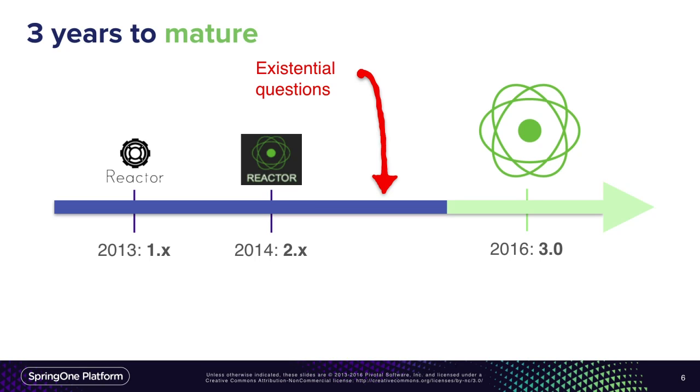And the first plan for Reactor was actually to be a hidden dependency in Spring 5 with some kind of publisher factory and subscriber factory, no real API, just to help under the hood, under the cover, Spring 5 to do the reactive stuff. And that's it. But we came from a long way, and we extended the scope of the collaboration to other people, and that also accelerated the transformation into this focused library we have today, Reactor 3.